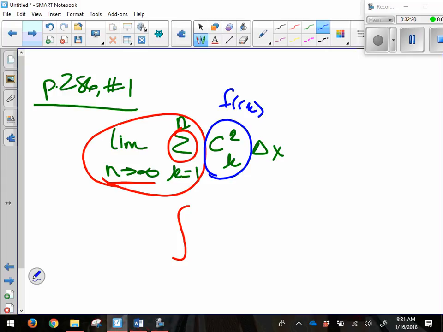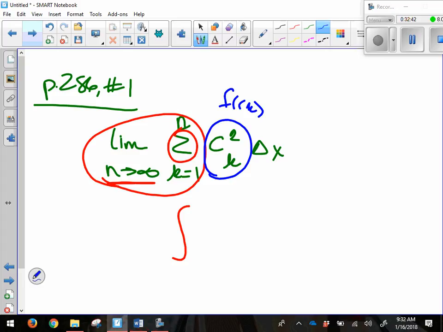Nope, it does not also include delta x. Because remember, f of x is the height of my rectangle. It tells me where that ck value is going to put me on the curve, and it tells me that distance I'm going to be from the x-axis. The delta x just tells me how wide my rectangle is.